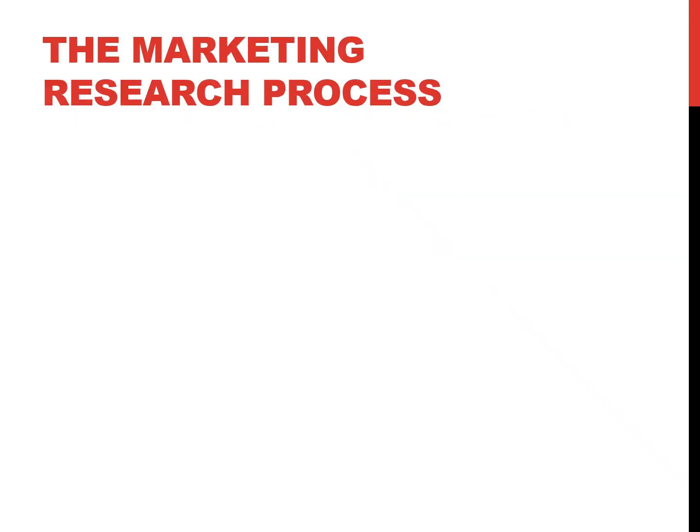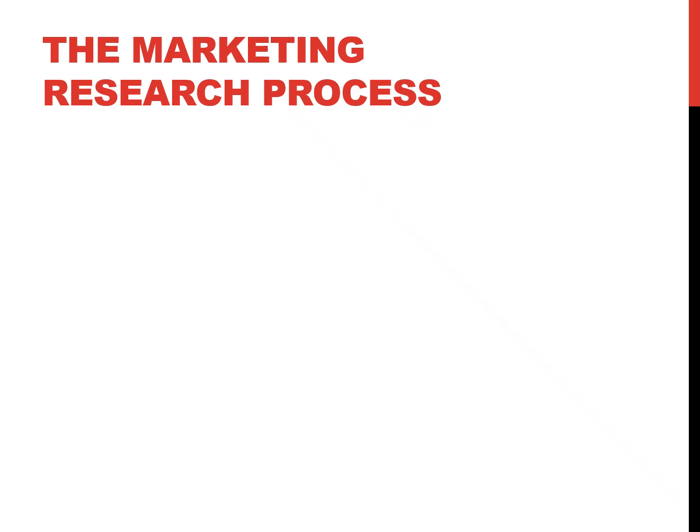So looking at the marketing research process, obviously, and we've discussed this before, it's ultimately about collecting and processing data, then transferring that data into a format that is usable by the decision makers for the purpose of making a decision.